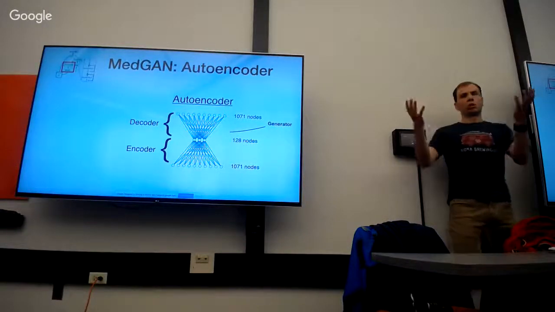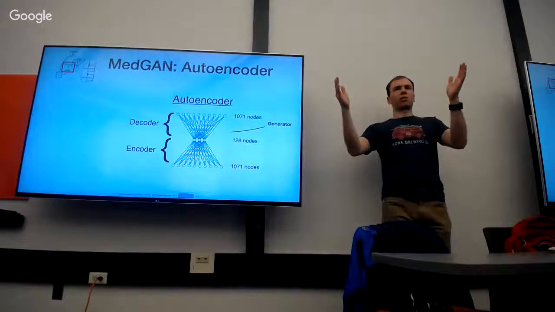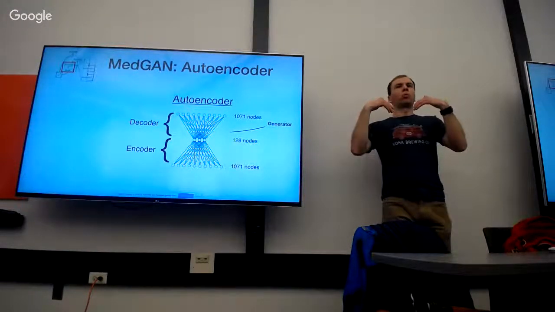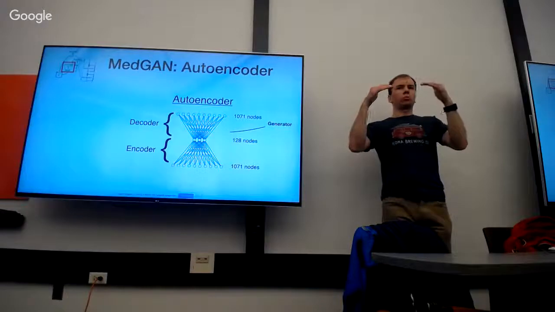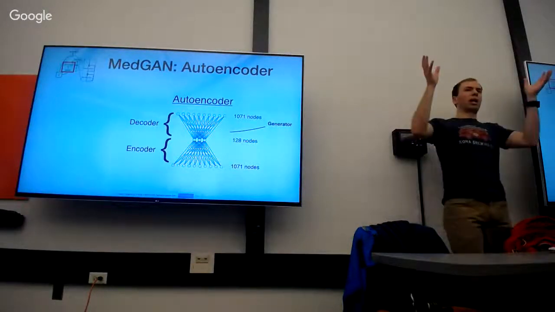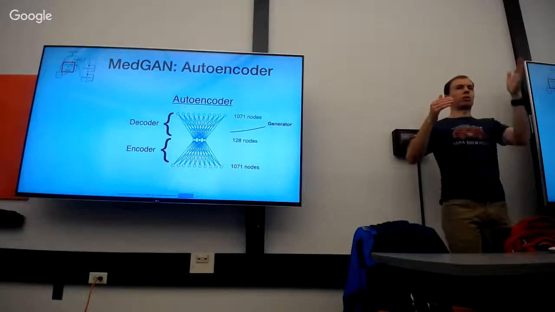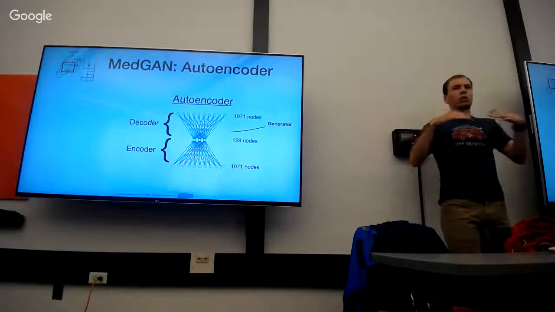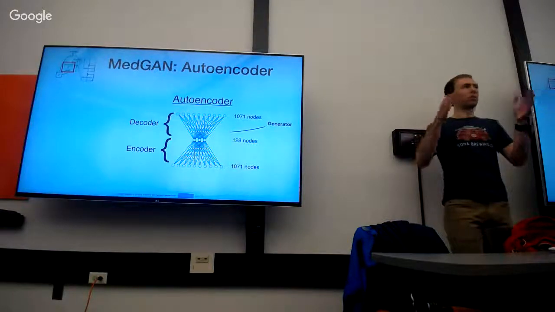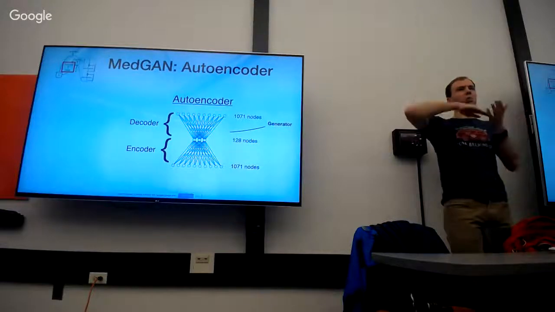To explain an autoencoder, you have your original data, size 1071 nodes, which you reduce down to 128 nodes, and then you decode back to 1071 nodes. The idea is that you can put any data that's 1071 wide through this network and come out with something exactly the same as what went in.